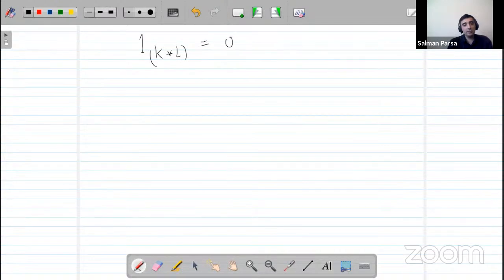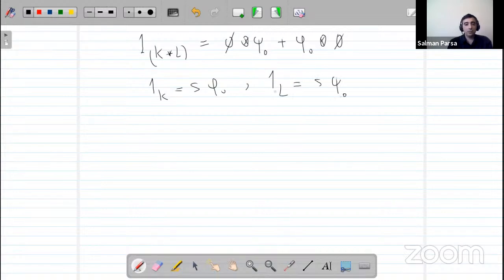You take the empty set, make the product of it with the one of L, plus you take the one of K and make a product of it with the empty set, where the one of K is S times sigma-finite and the one of L is S times sigma.